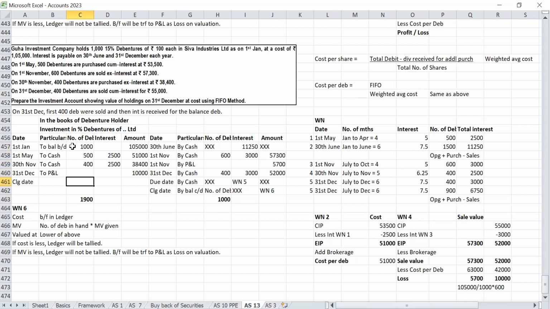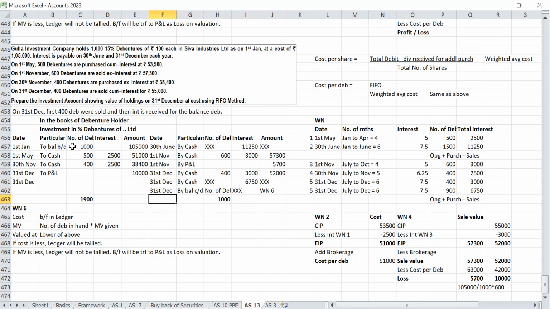That 900 will be in hand. So on 31st December, we would have received interest for 900 debentures. So total of 6,750.